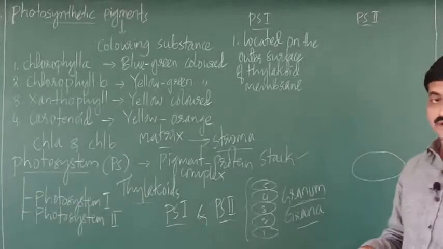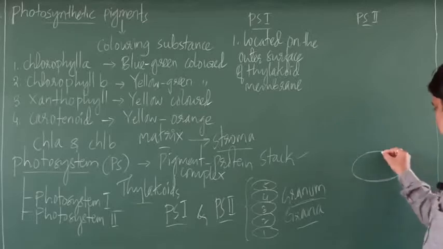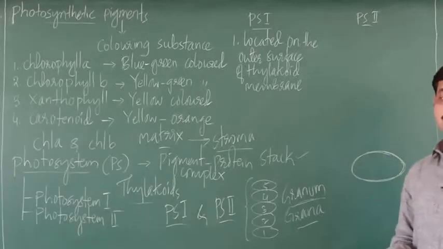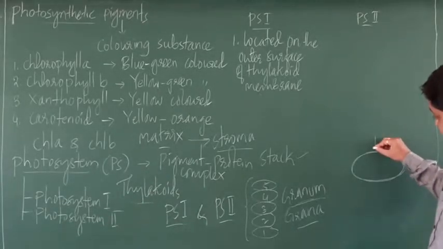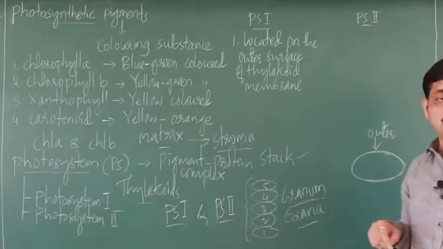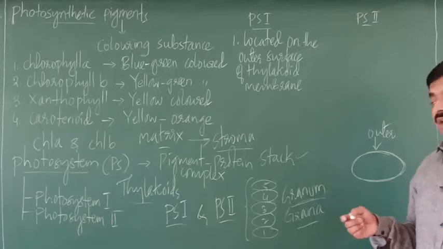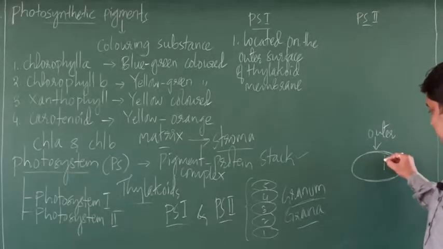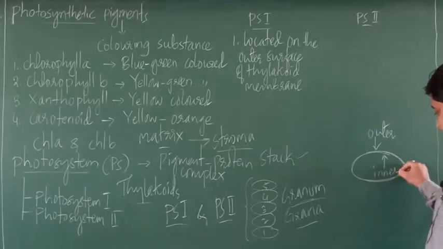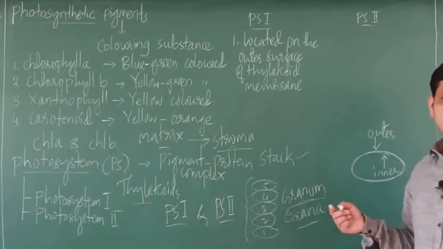Now this thylakoid, so I will write here. This is one thylakoid. This is the outer surface of thylakoid membrane. This is the inner surface of thylakoid membrane, right?